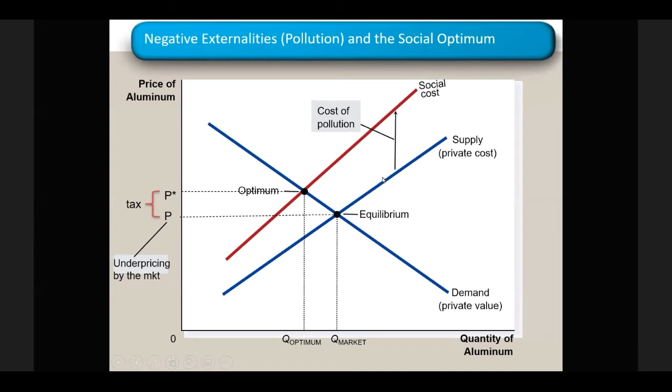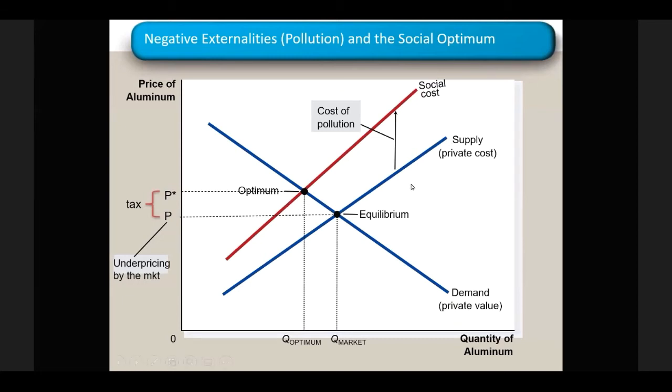And if it moves to join with the social marginal cost, the firm has no choice but to produce the optimum level of output here. So government can decide to impose the difference between P star and P as a tax on the producer, and this will become a cost to the producer.